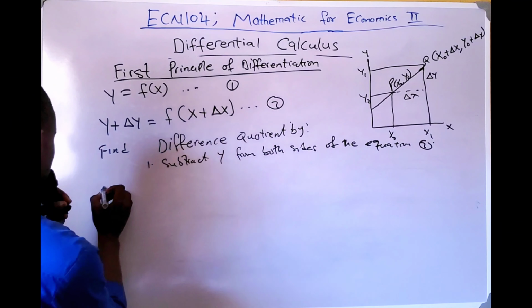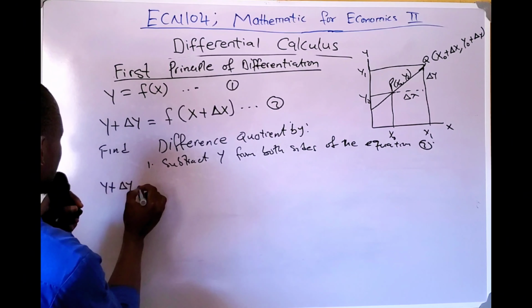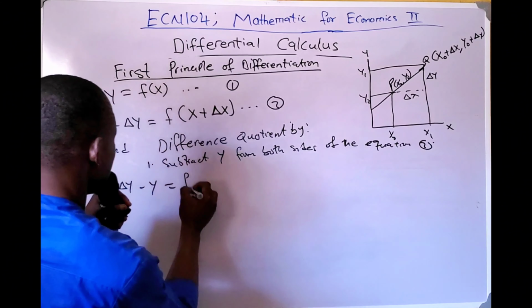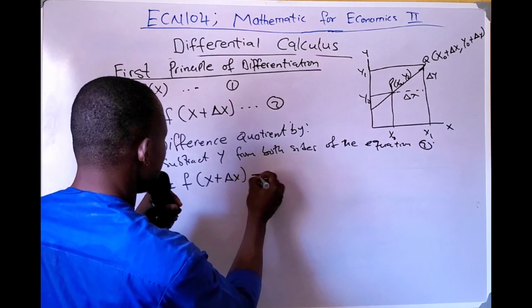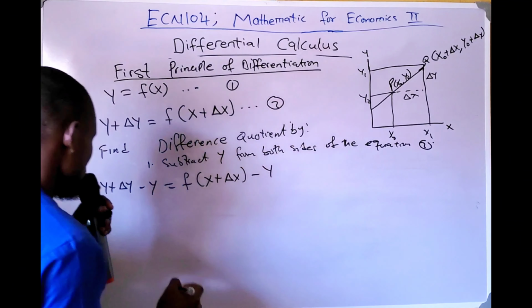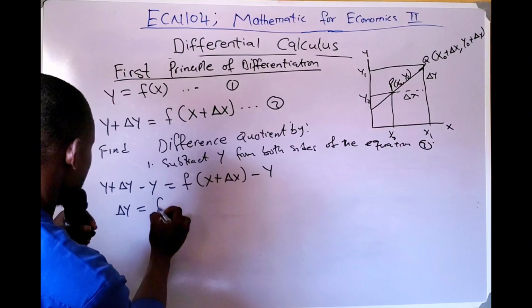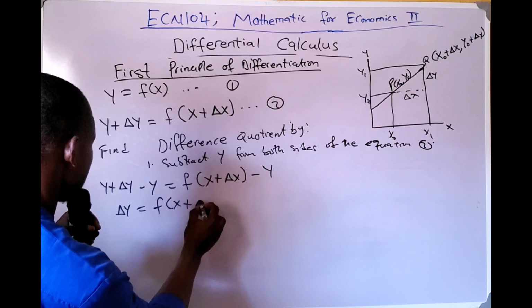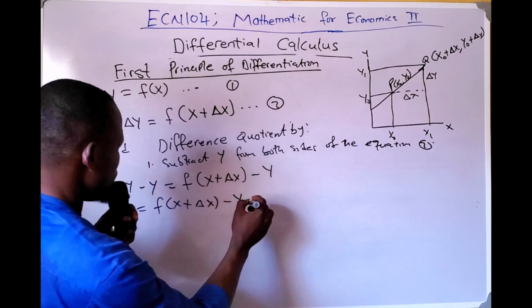So you have y plus change in y minus y equals f of x plus change in x minus y. So this will give us change in y equals f of x plus change in x minus y.